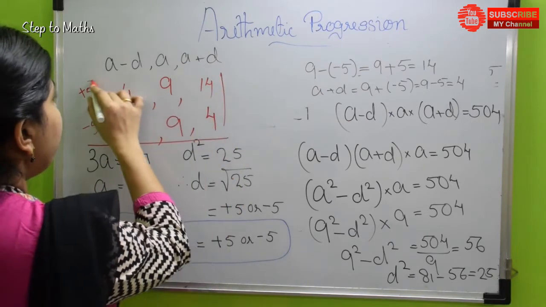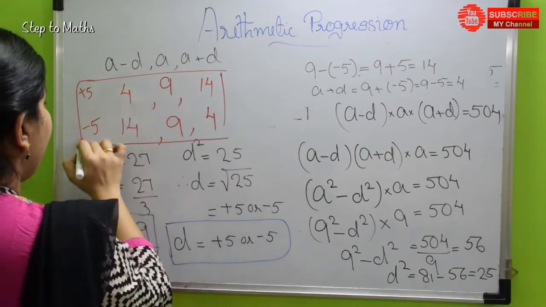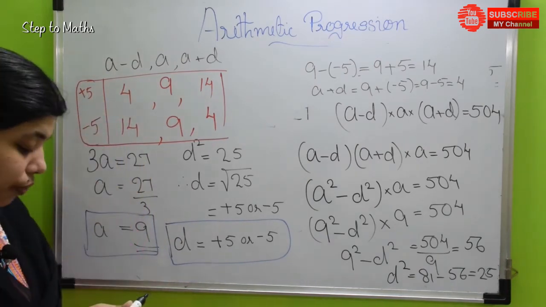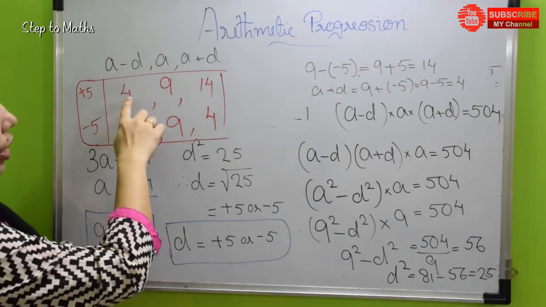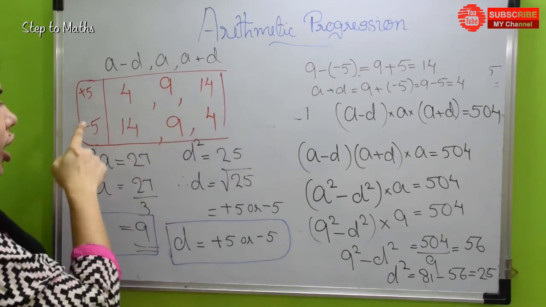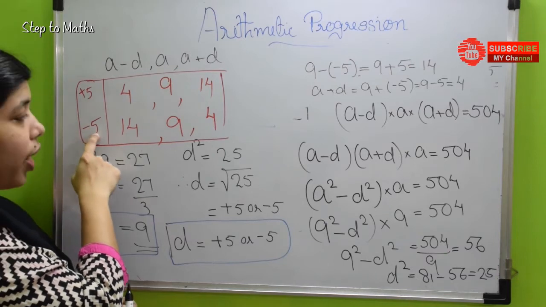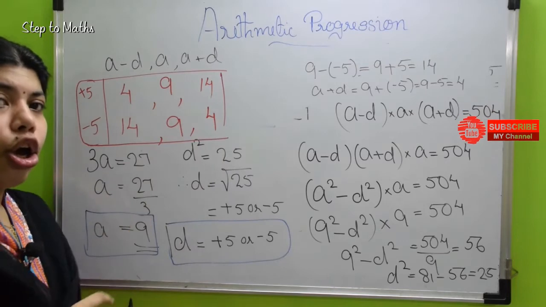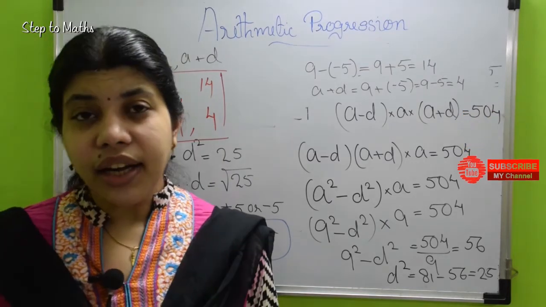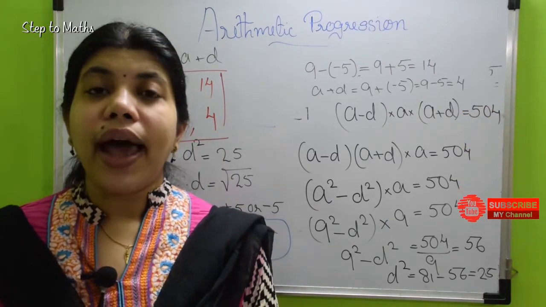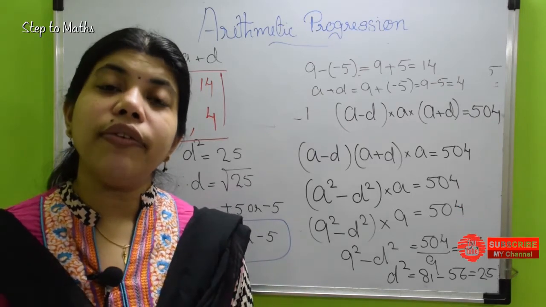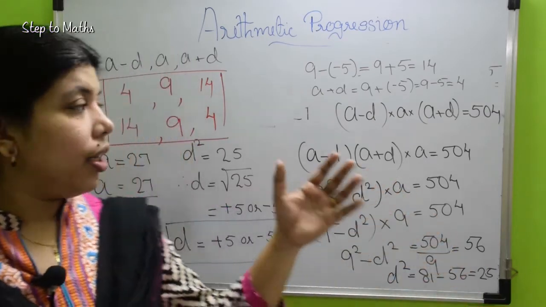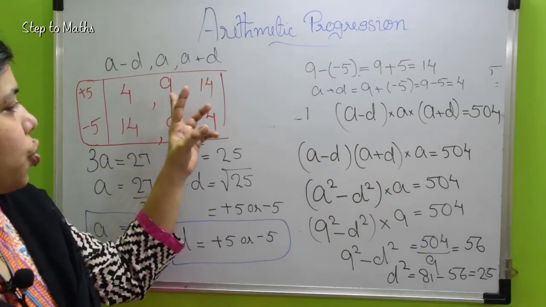So the three consecutive terms of an AP are, if D is positive 5, 4, 9, 14, and if D is minus 5, the terms are 14, 9 and 4. Here the sum and product of three consecutive terms of an arithmetic progression are given. From that we find the three consecutive terms.